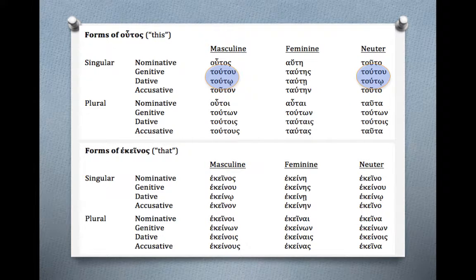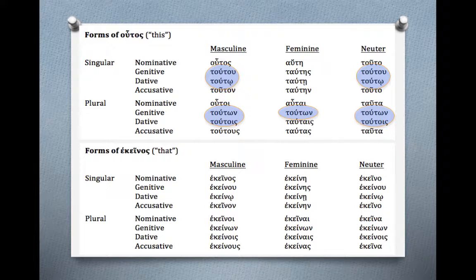The genitive and dative share the same form. We've seen this with other adjectives. We've seen it with the article and other pronouns. And so that's something that will help us with the memorization. Well, the genitive and dative share the same form. And the same is true for the plural. You have the feminine dative plural form. That's a little different. It has the alpha instead of the omicron.